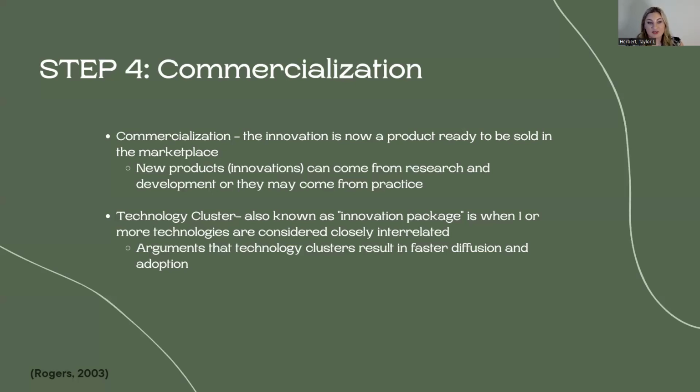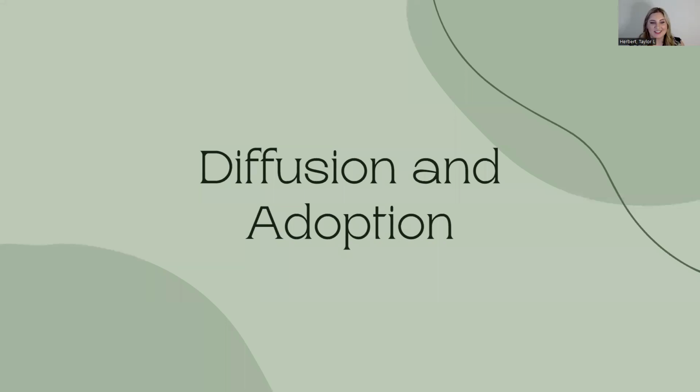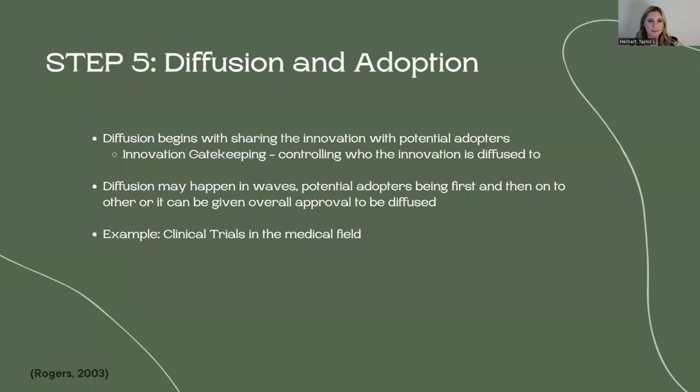So that is commercialization, and we will move on to step number 5, which is diffusion and adoption. There are a lot of steps that come before actually adopting an innovation, but diffusion and adoption begins with sharing the innovation with potential adopters.